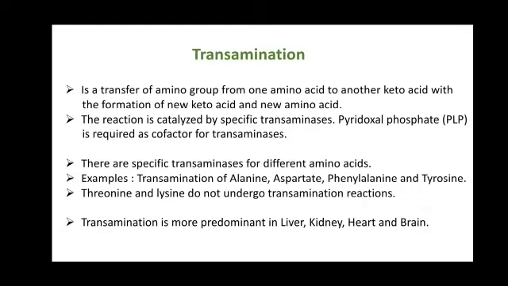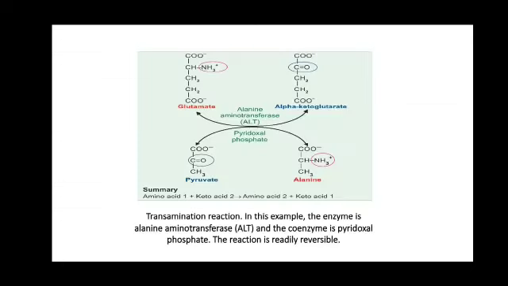It requires pyridoxal phosphate as a cofactor, and there are specific transaminases for different amino acids. Examples: transamination of alanine, aspartate, phenylalanine and tyrosine. Threonine and lysine do not undergo transamination reactions. Transamination is more predominant in liver, kidney, heart and brain.